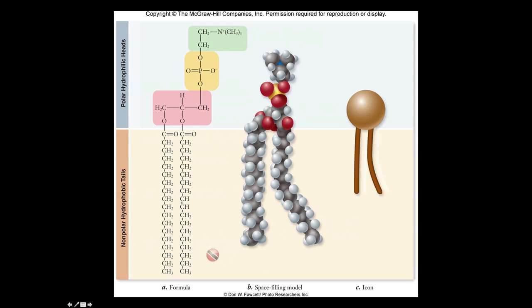Now the only thing that we could add here is that if you look here, you see there's a bend. Can you reason out why there's a bend? Why would this hydrocarbon tail change direction? What causes that bend there? I hope you rightfully deduced that this is carbon 2, and on carbon 2, there's an unsaturated fatty acid.